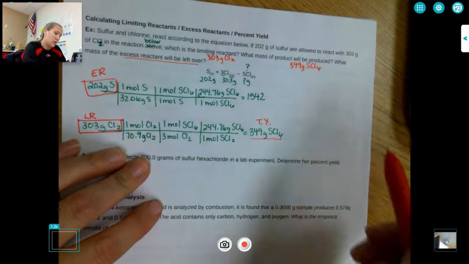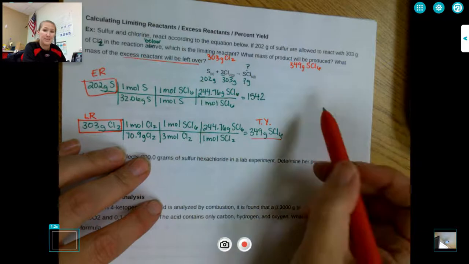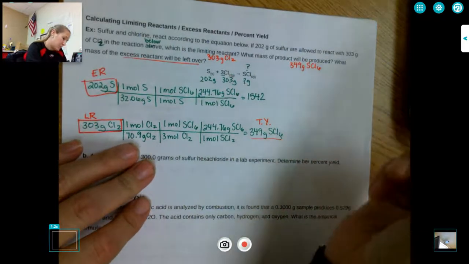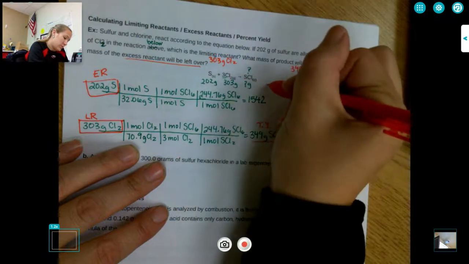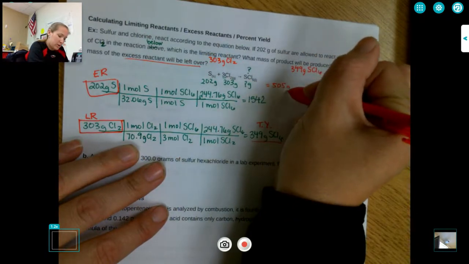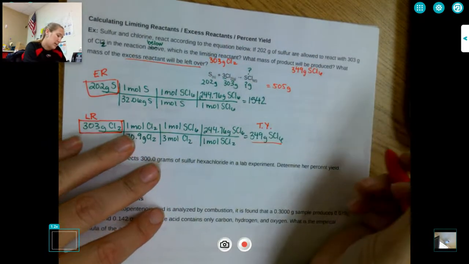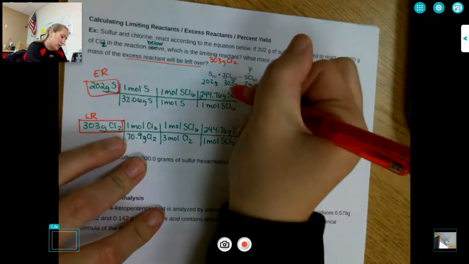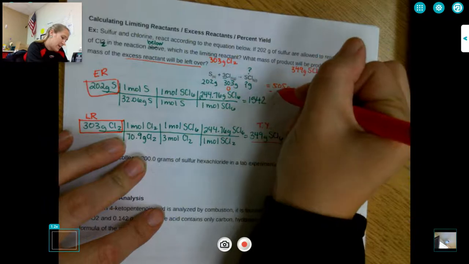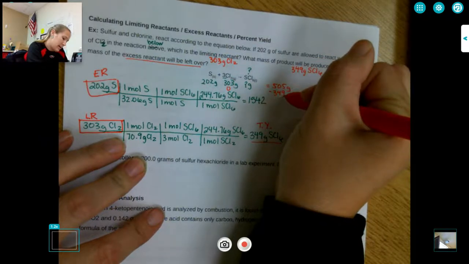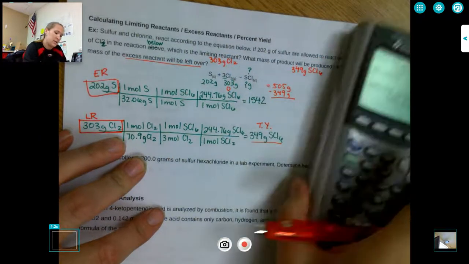Excess left over. We can use the law of conservation of mass to help us with that. So I'm starting with 202 plus 303, 505 grams total. I have used up my chlorine, so that goes to 0. And I've made 349 grams of product.